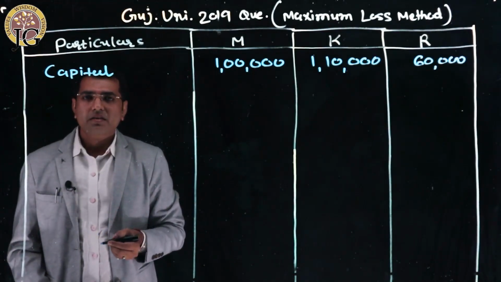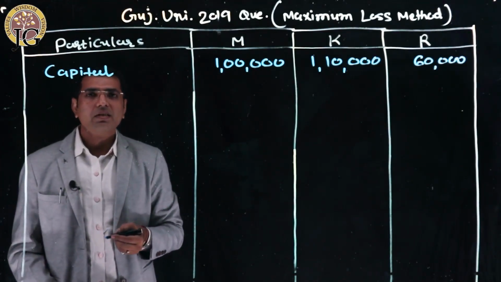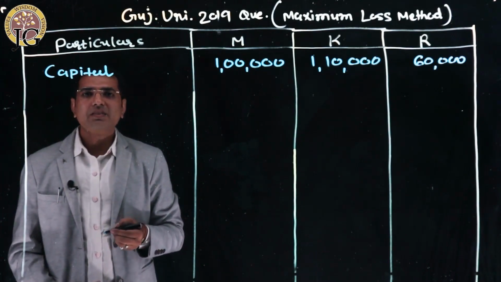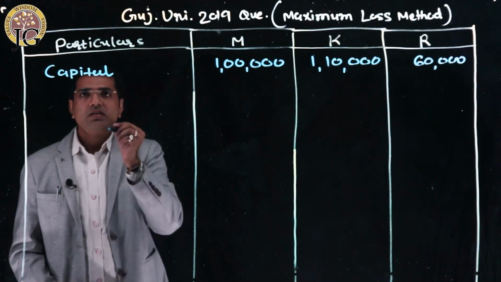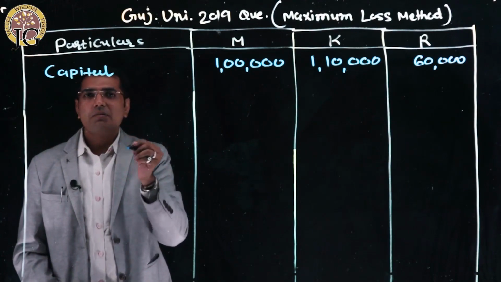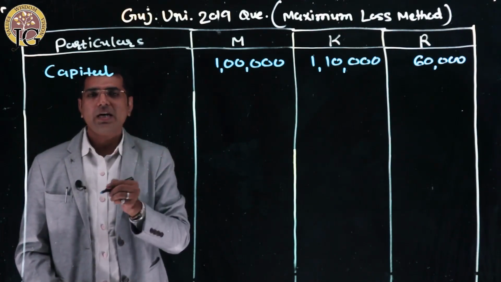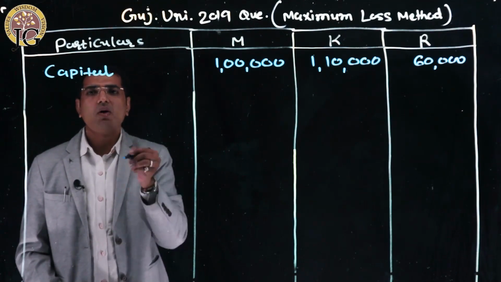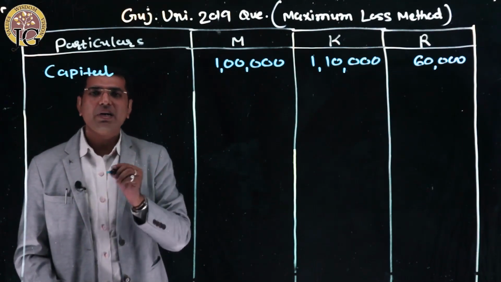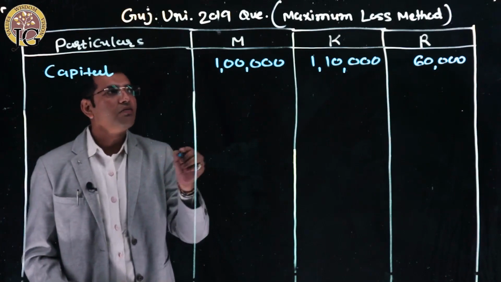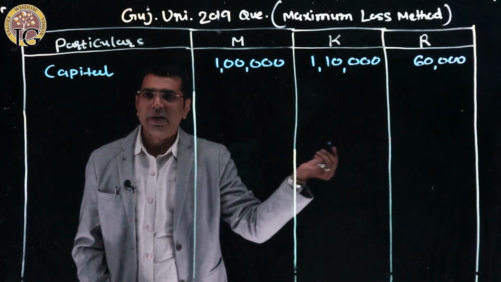Now, maximum loss method is the method where we distribute the maximum loss. There are no liabilities here. Point number 2 in points to be remembered is that first we have to pay all the liabilities and then the maximum loss method will start as and when the partners' capital are to be paid off.